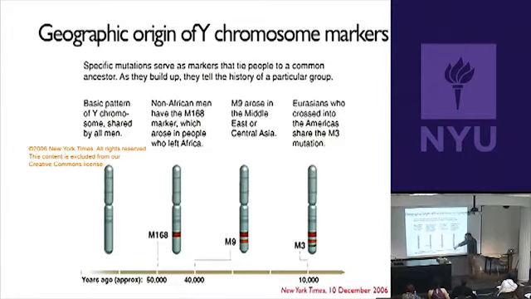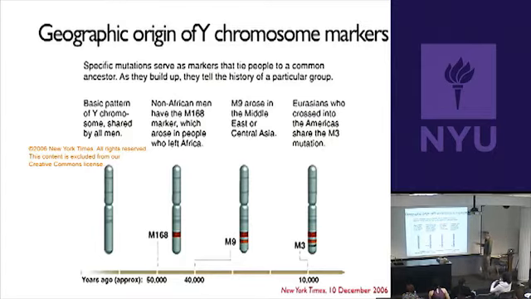There's another mutation called M3, which occurred in a male around 10,000 years ago. That mutation is rare in humans because it occurred in a male in the population who crossed the land bridge from Asia into the Americas.